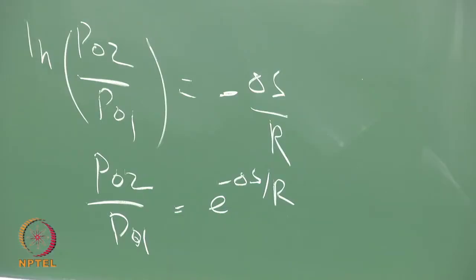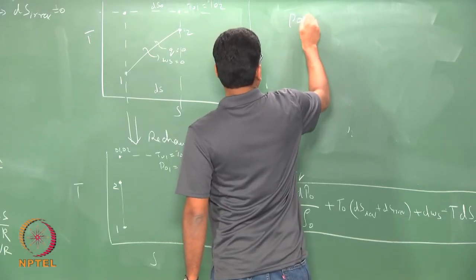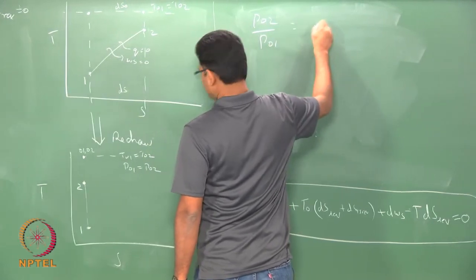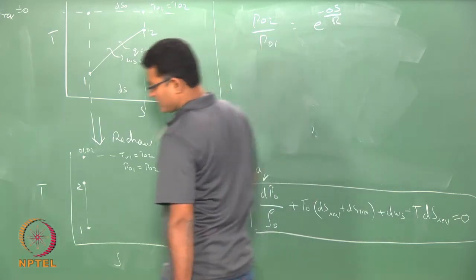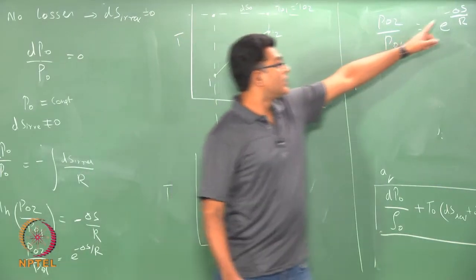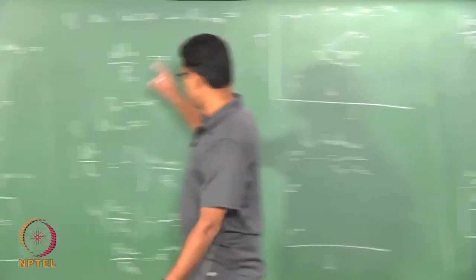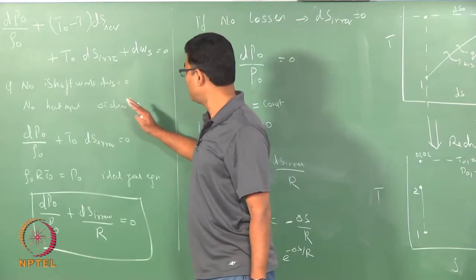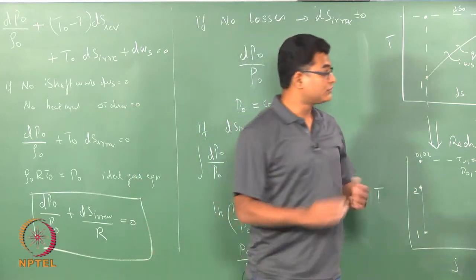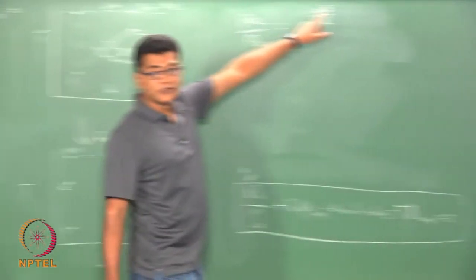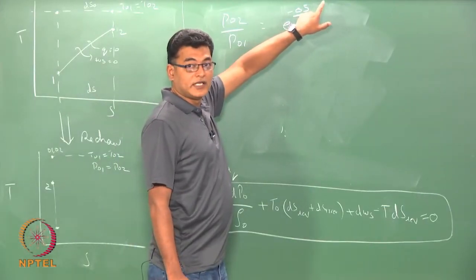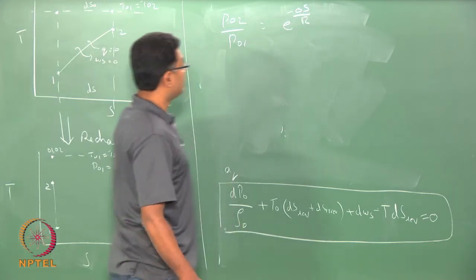So, I rewrite that equation here: P02 by P01 equals exponential of minus delta S by R. So, all your P0 change is due to your irreversibility, given that there is no shaft work and no heat input. If those two conditions are satisfied, the change between P01 and P02 is entirely due to the irreversibility or the losses happening in the flow.